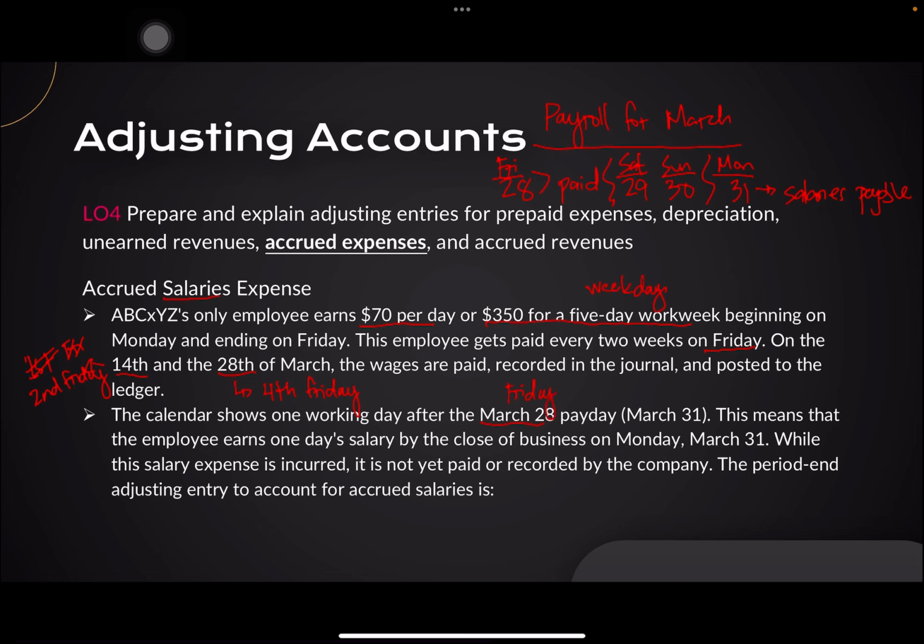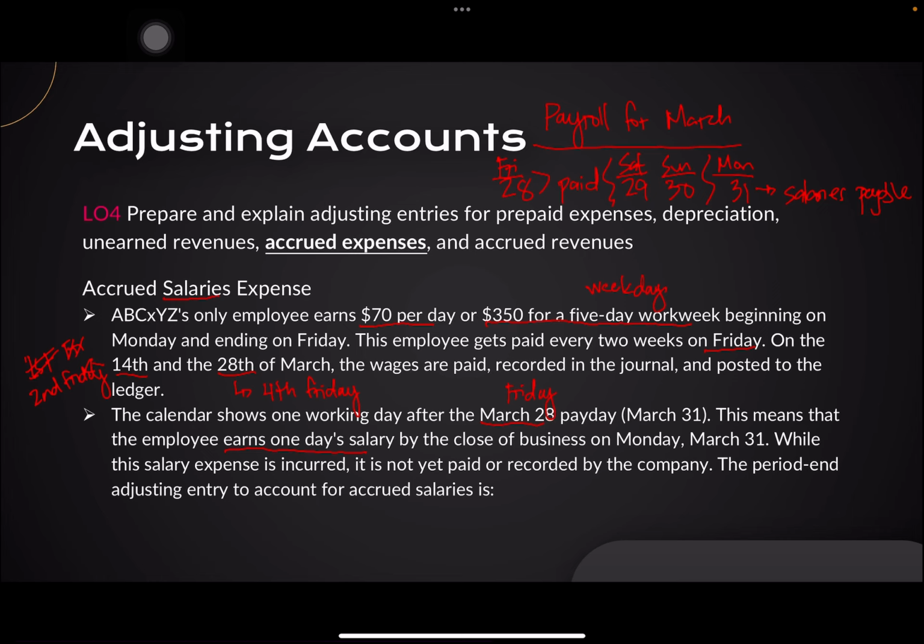This means that the employee earns one day's salary by the close of business on Monday, which is on March 31. While the salary expense is incurred, it is not yet paid or recorded by the company because the policy is that we will pay them every 2 weeks on a Friday.